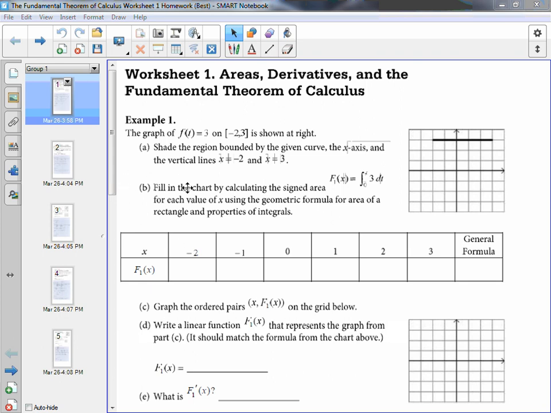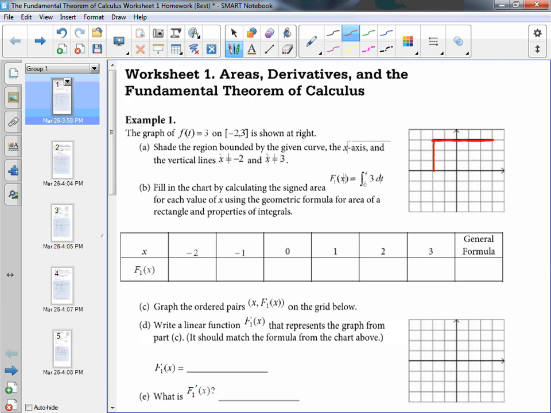All right, it says the graph of f of t equals 3 on the closed interval from -2 to 3 is shown at the right. So that's y equals 3, isn't it? A, shade the region bounded by the given curve, the x-axis, and the vertical lines x equals -2, x equals 3.